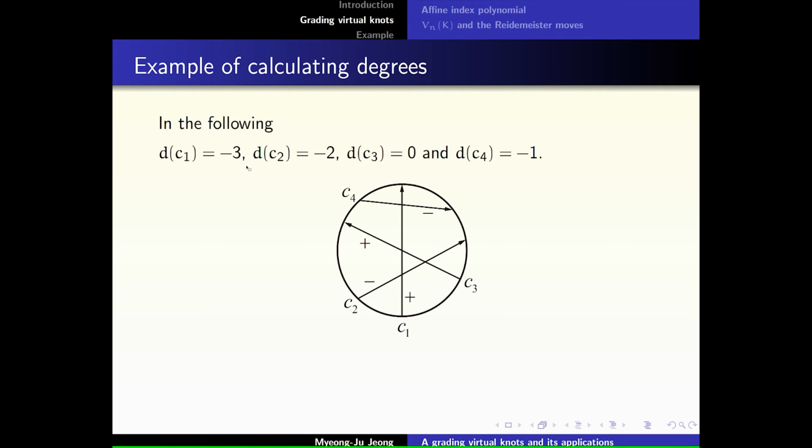In this way, we can see that the degree of C1 is -3, and similarly, we can calculate the degrees of C2, C3, C4.